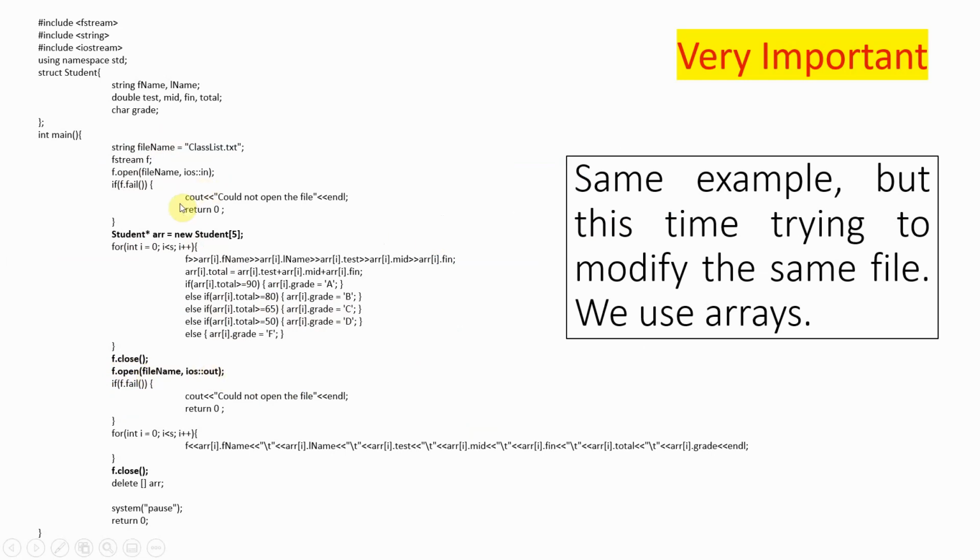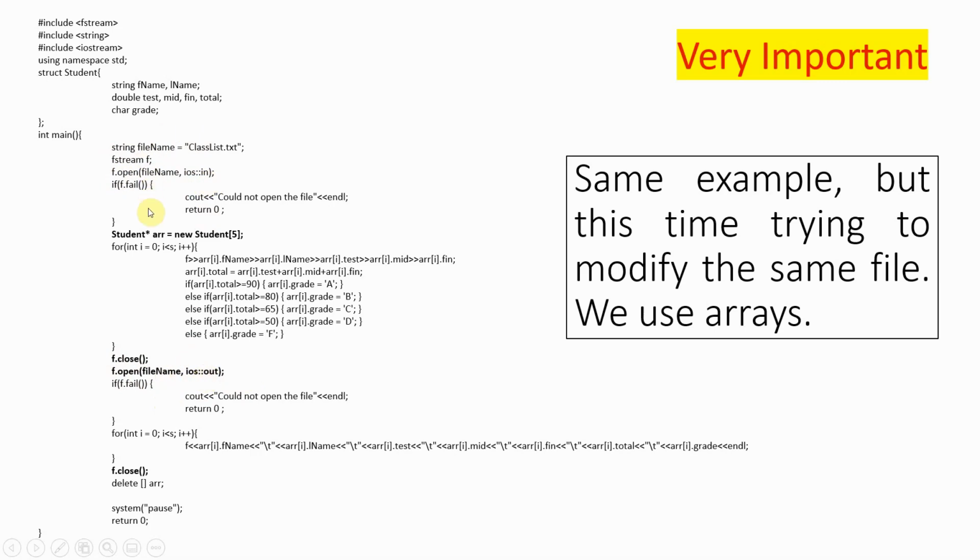Here you see that we open the file for input and then open the file for output. It's the same file, so I use fstream and I specified input or output. I could here say ifstream f and ofstream something else, but it doesn't matter. I can just use fstream and specify if it's done for input or output.